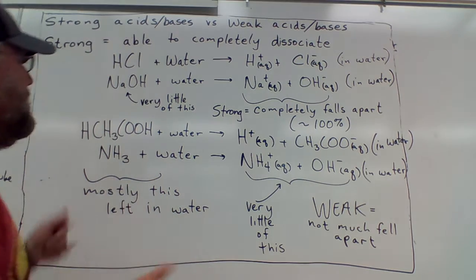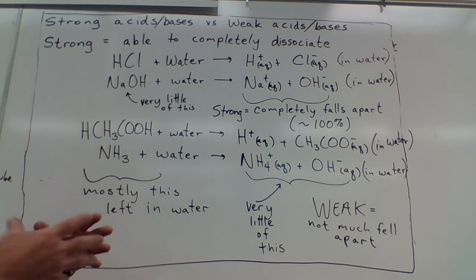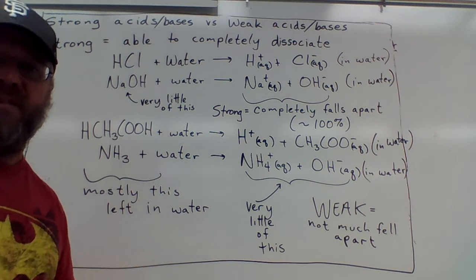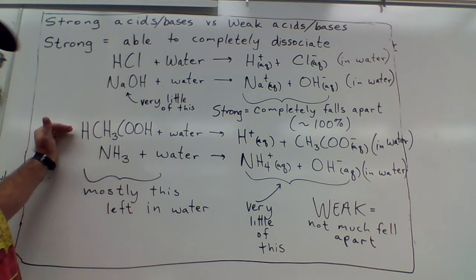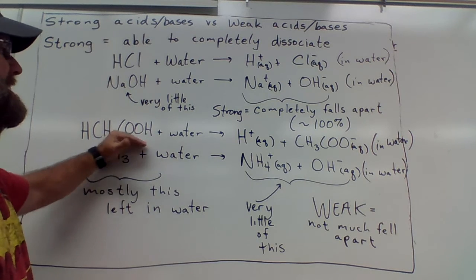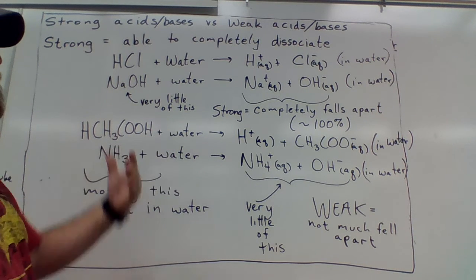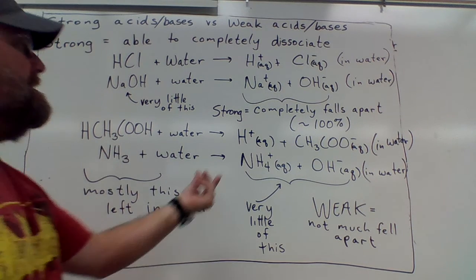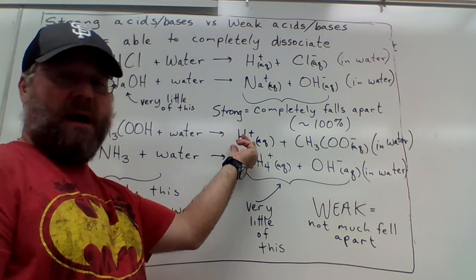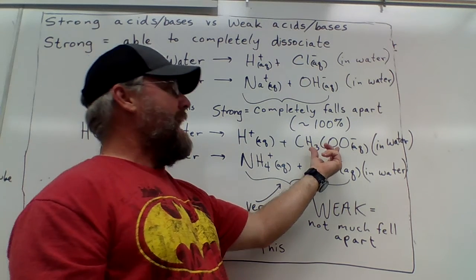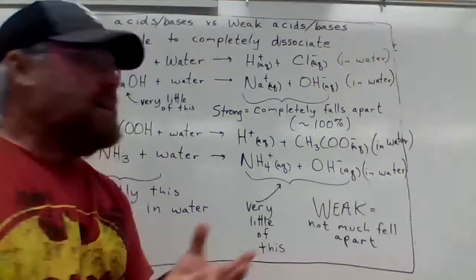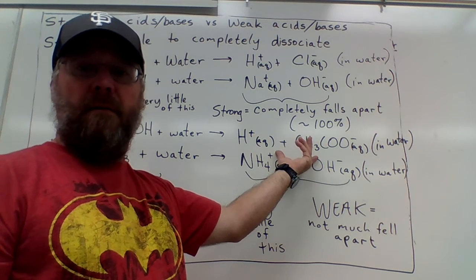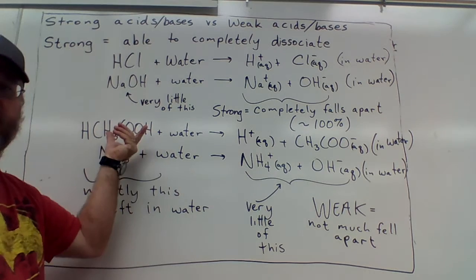Okay, for a weak acid or a weak base, we don't have the dissociation. So this is vinegar, or acetic acid. If we throw acetic acid into water, basically what would happen is that we get some H+, our hydrogen ion, and some acetate ion, again in water, but instead of most of it going here, most of it stays here.